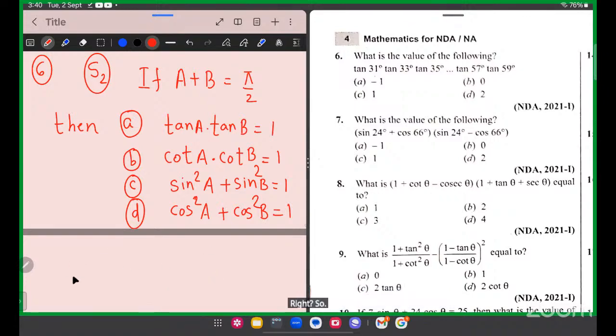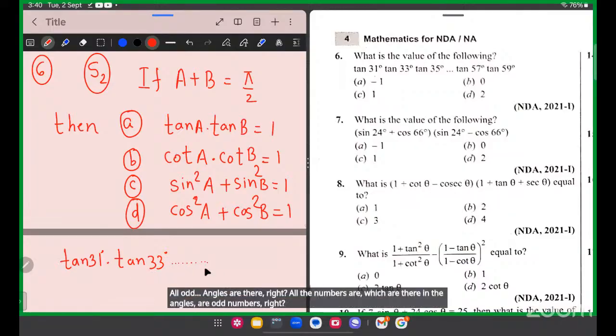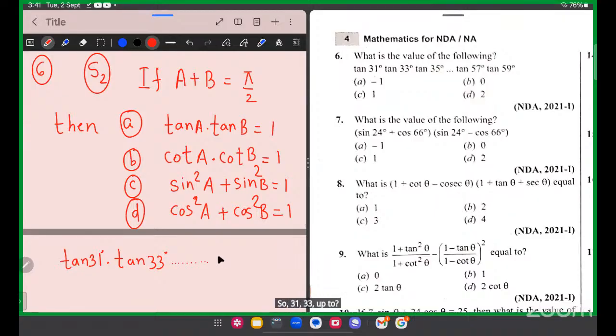So question number 6, we have got tan 31 into tan 33. All odd angles are there, right? All the numbers in the angles are odd numbers, right? So 31, 33 up to 57 and 59.